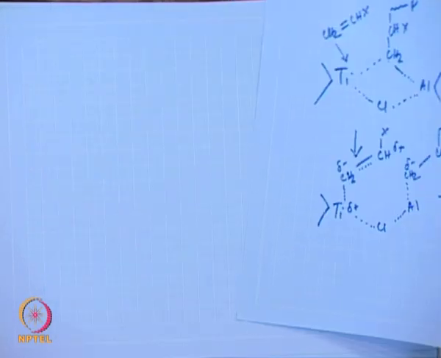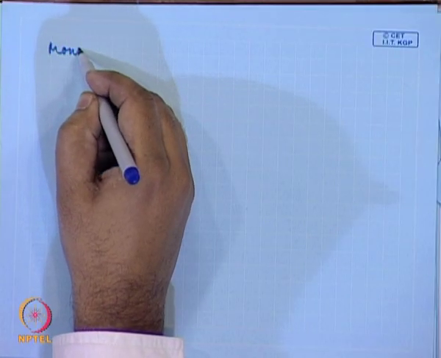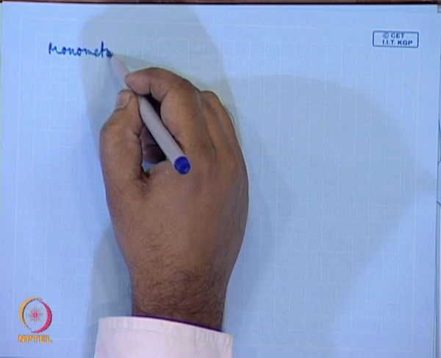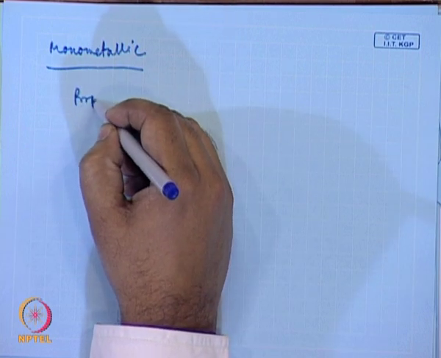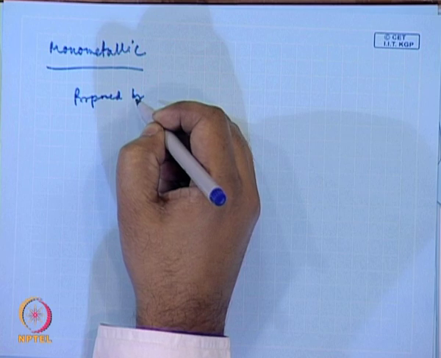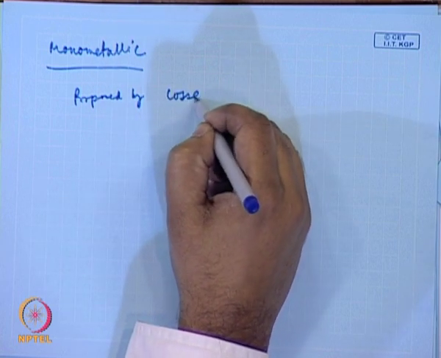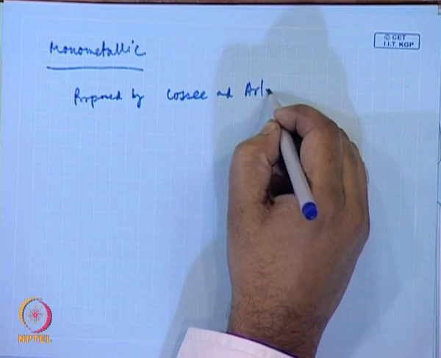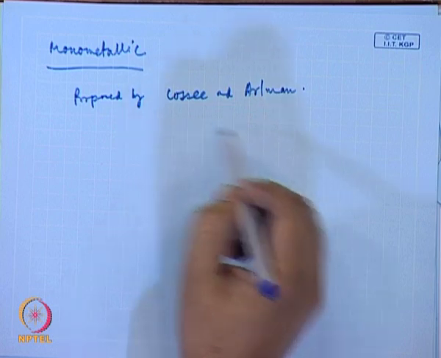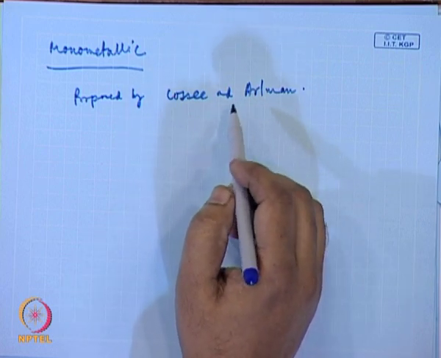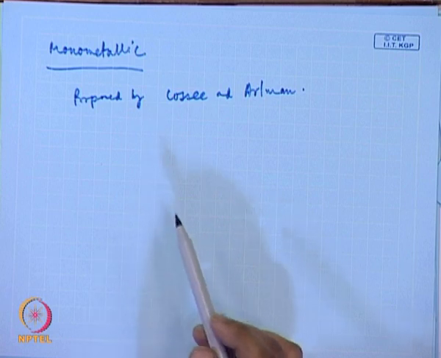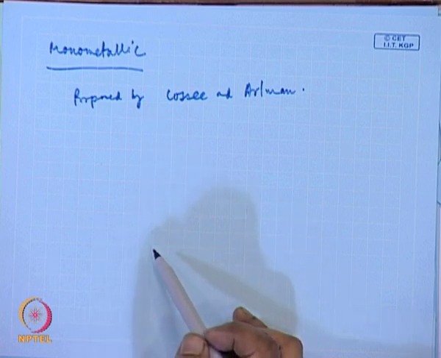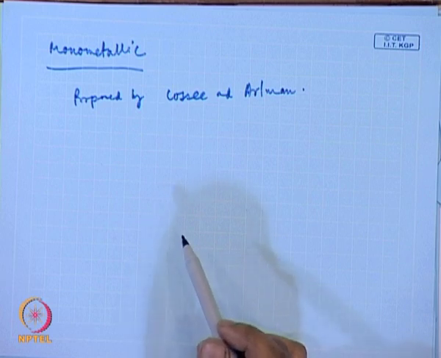Now, the second mechanism, which is a monometallic mechanism, was proposed by Cossee and Arlman. In this case, a vacant d orbital present in the transition metal is the main source of catalytic activity, and the chain growth occurs in the titanium alkyl bond.